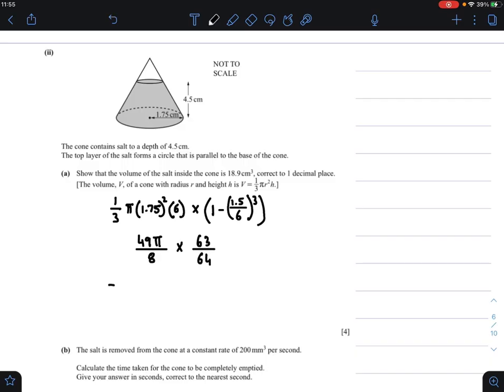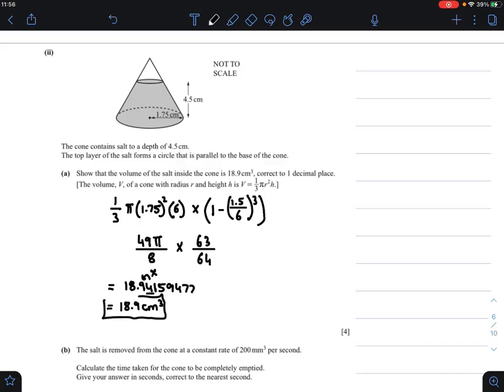Now all we need to do is input this in the calculator, and we'll get our final answer. So 63 by 64 multiplied by 49 pi divided by 8. So you'll get your final answer as 18.94159477, and therefore your final answer will be 18.9 centimeter cube, because your fourth significant figure, which is 4 in this case, is lesser than 5, so it won't round off the 9 to the next number.